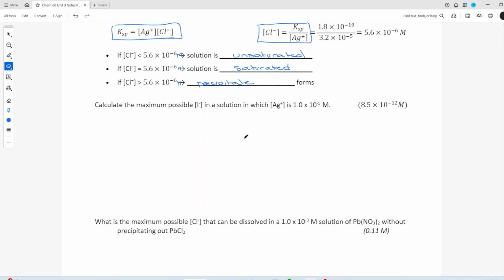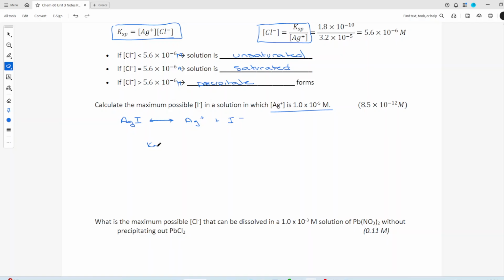Let's calculate the maximum possible concentration of iodide ions in a solution where the silver concentration is 1.0 times 10 to the negative 5. The first thing we want to look at is silver iodide's dissociation. Silver iodide dissociates into silver ions and iodide ions in a 1-to-1 ratio.